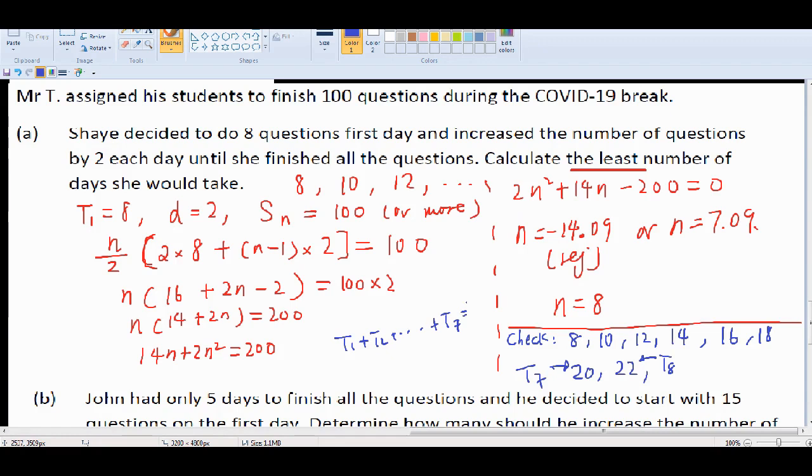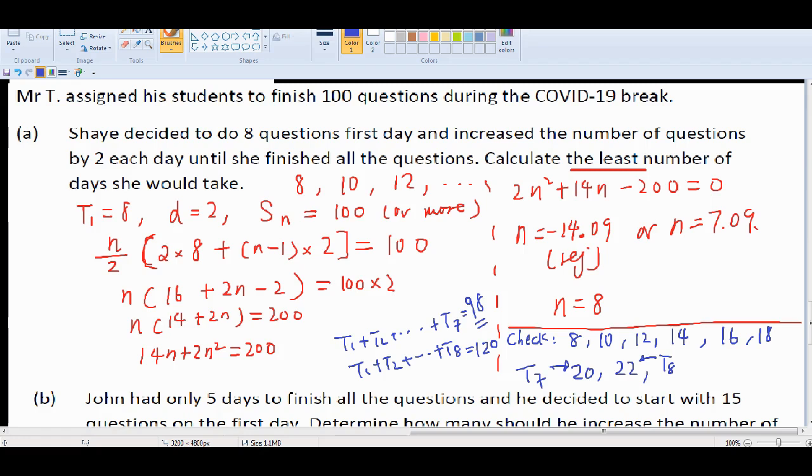That would be 98. It's very close to 100, but it's not there. So that's why you need to add another 22. If you add all the way to T8, it becomes 120. Of course it surpassed 100 questions, but the answer would still be 8 days, because by 7 days she still has 2 questions to finish.